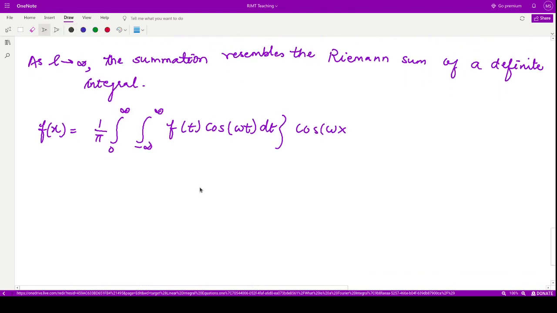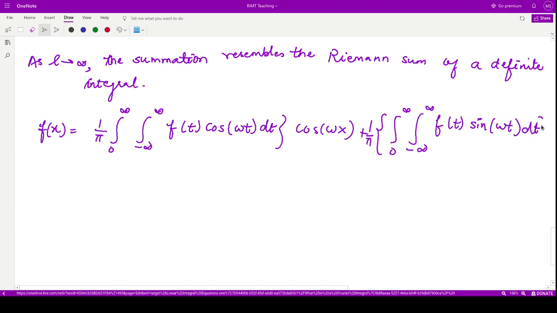So we have the first term as this one, and the second term as 1 by pi integration from 0 to infinity, integration from minus infinity to infinity, f of t sine omega t dt multiplied by sine omega x, right? So here I can write an equivalent form for this equation, rewriting the above equation.